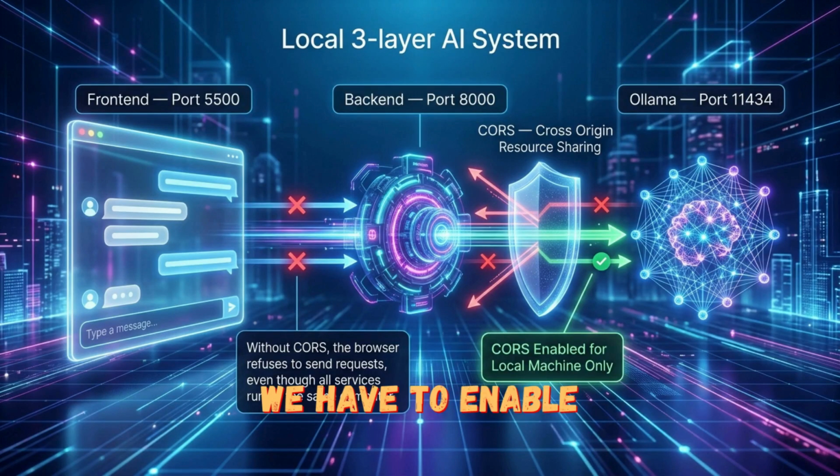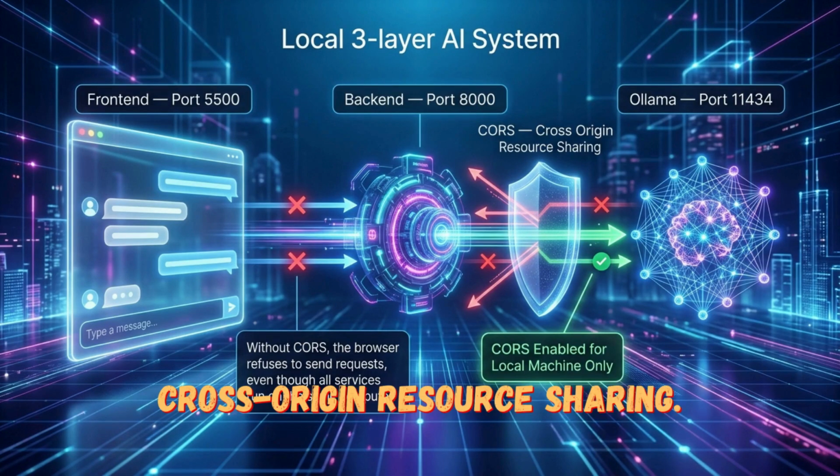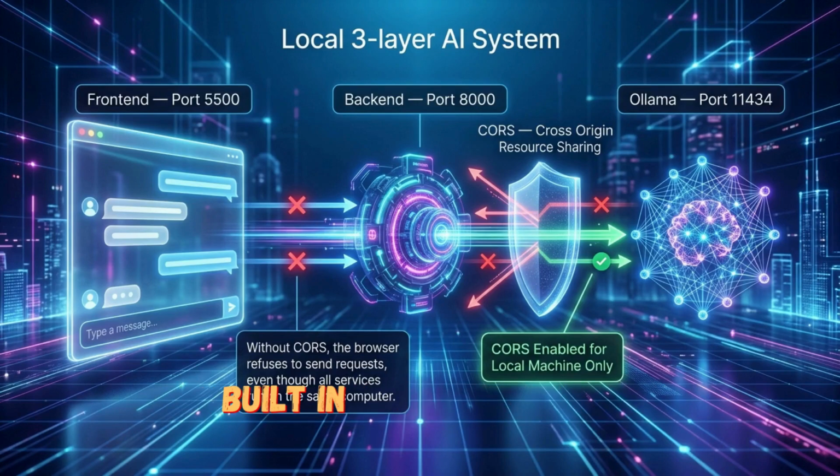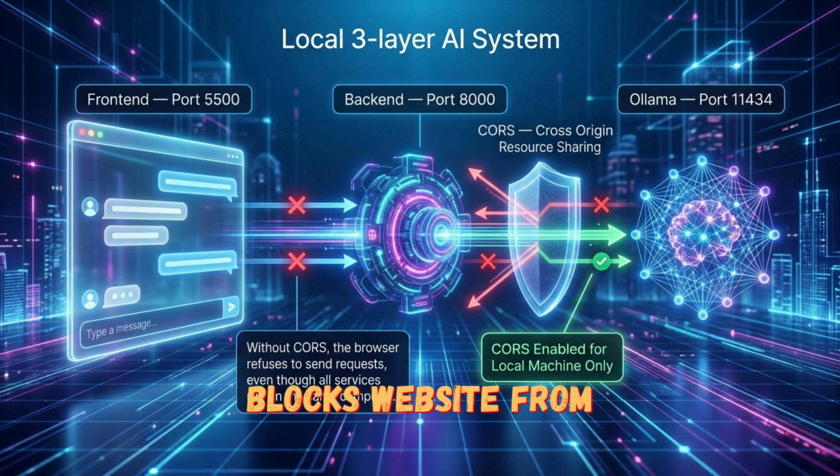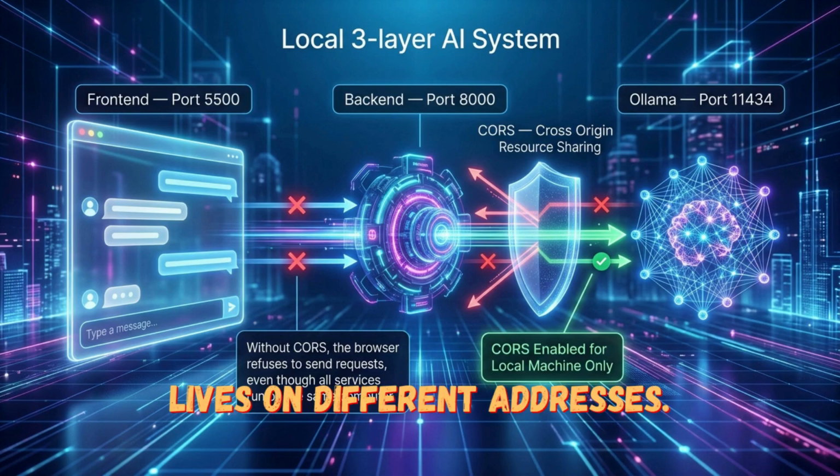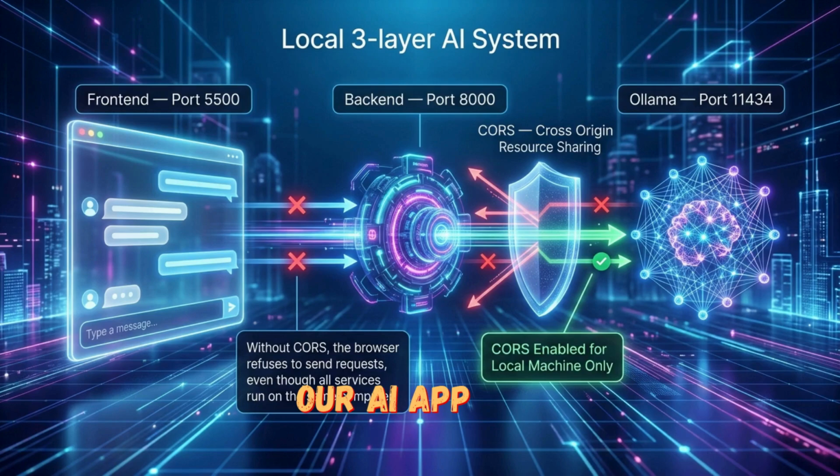Next, we have to enable CORS. CORS stands for Cross-Origin Resource Sharing. It's a security rule built into every browser. By default, our browser blocks websites from talking to servers that live at different addresses. Our AI app has three parts. Frontend runs on port 5500, that is our HTML page.